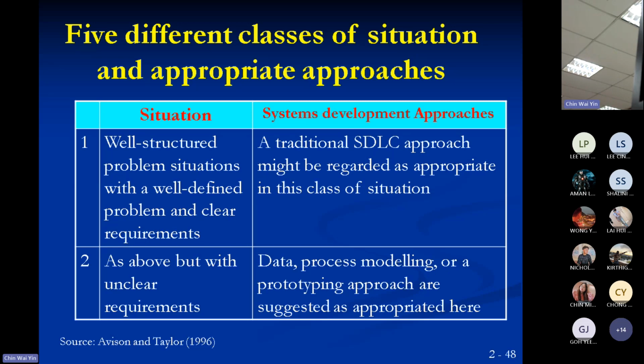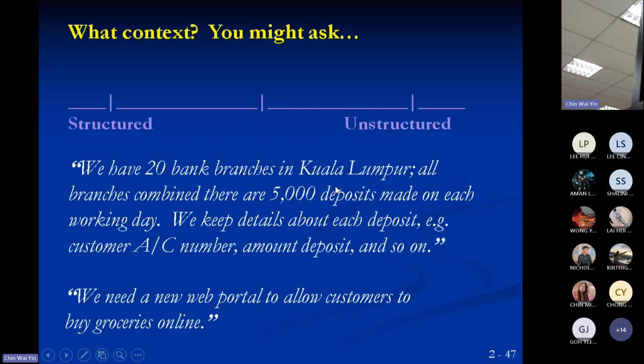The first context is that you have a very well-structured, well-defined problem, as well as clear requirements. So the problem situation, the business that you're operating, is very clear-cut and familiar, and you can define it like this: we have 20 bank branches, we have 5,000 deposits a day, and these are the information we need for each of these transactions.